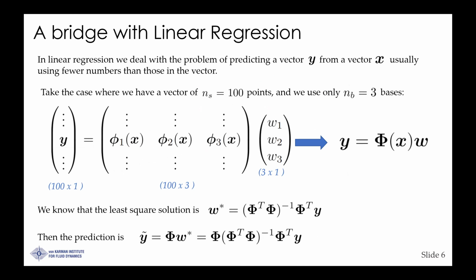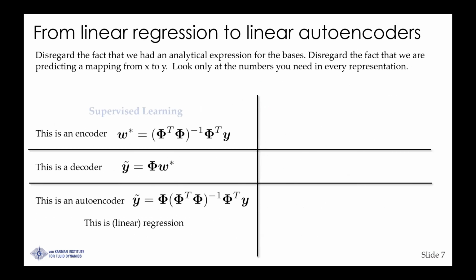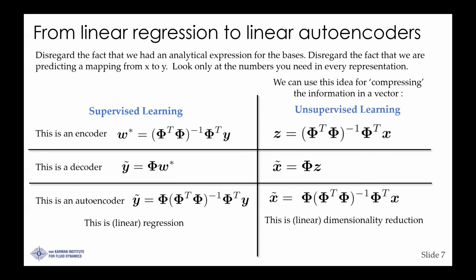You recognize these equations, and in the slides I make a parallelism between supervised learning and unsupervised learning. We look at the same equations we have derived so far, but through two different perspectives. In supervised learning, which is what we did with polynomial regression, we wanted to learn a mapping from an x, in that case from -5 to 5, to a y, which in that case happens to be the sine of x.